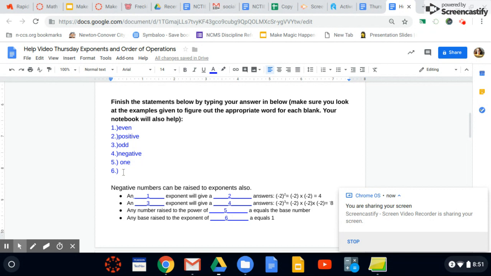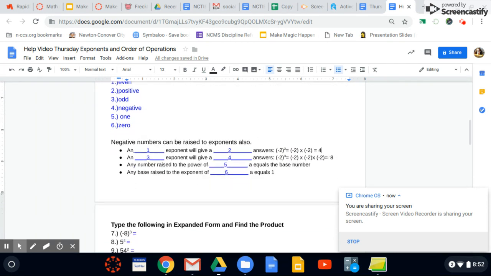The sixth one says any base raised to the exponent of blank equals 1. Well, anything raised to the 0 power is going to equal 1. So I hope that clears up this section. But always look at the examples that are provided, and also look in that notebook to help you fill in what those blanks say.